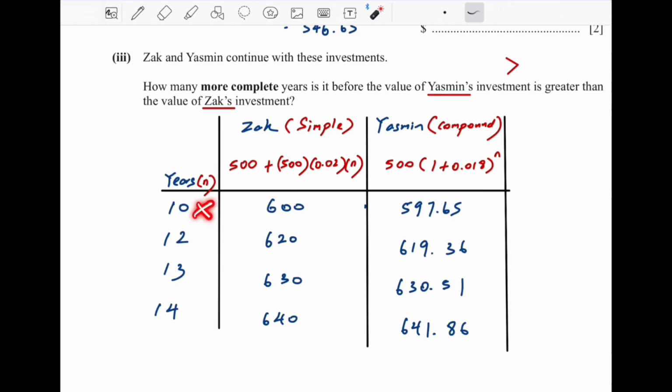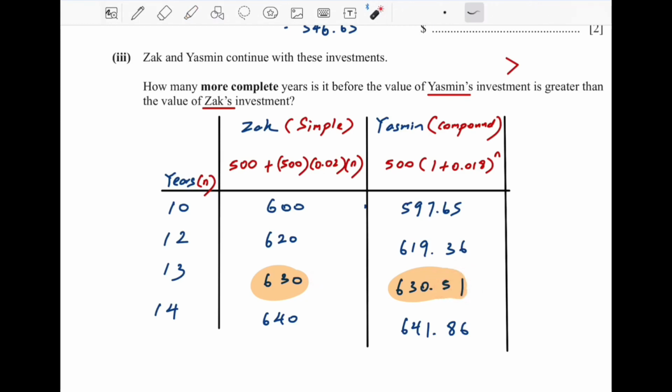So 10 is not the answer. When you put in 12, 620, 619, still not fulfilling it. That's not the answer. When you put in 13, this is the first year that we have the value for Yasmin which is more than Zach, right? Slightly more than that, 0.51.